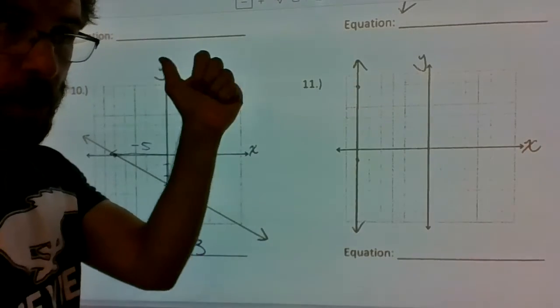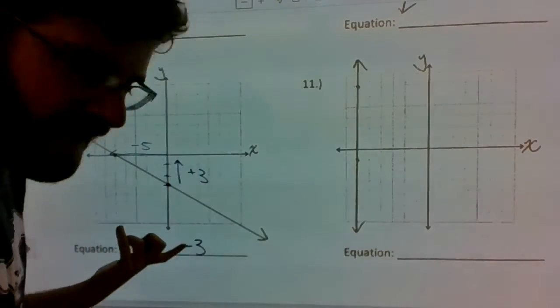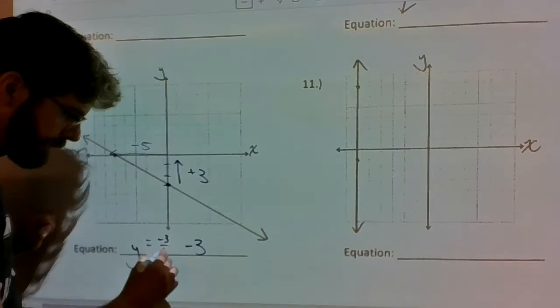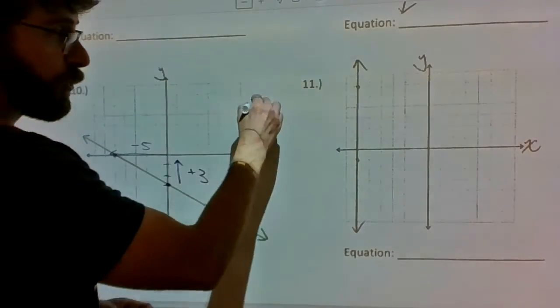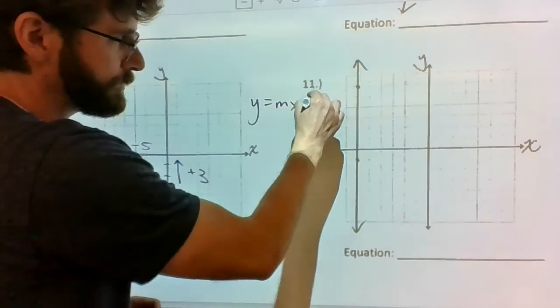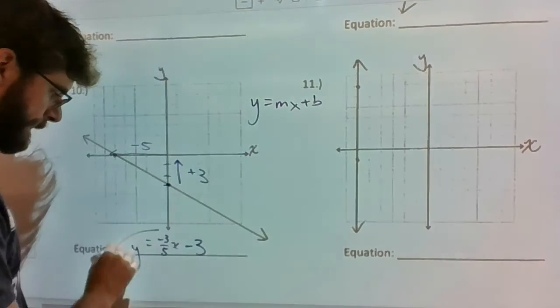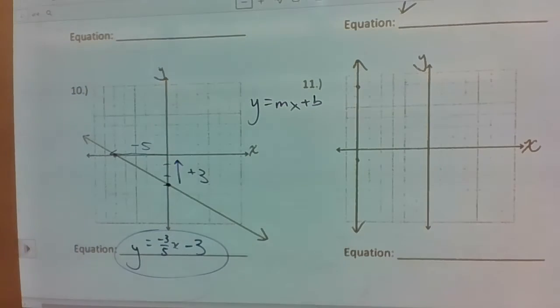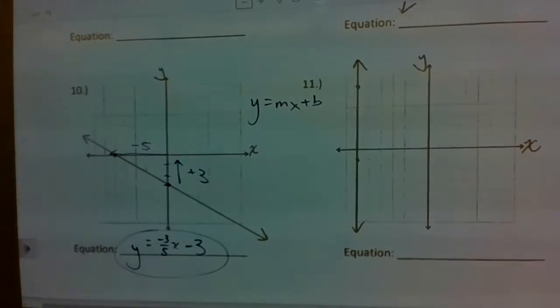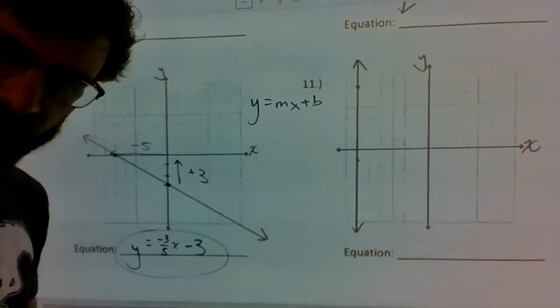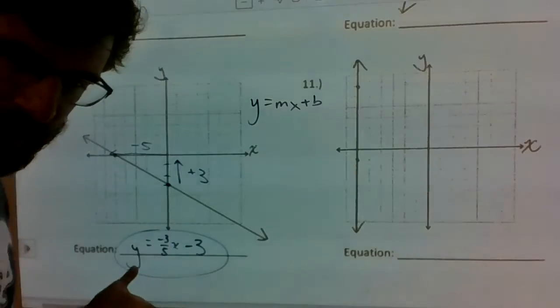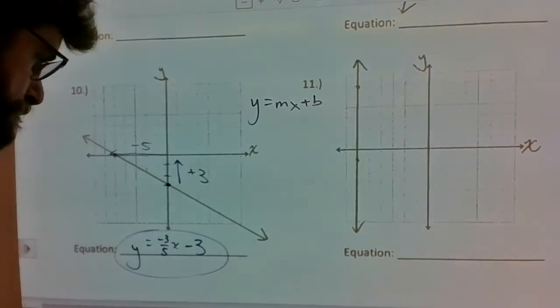Rise 3, run negative 5. I'm just going to call it negative 3/5. And then make sure you put an x because it's y equals mx plus b. There we go. That was kind of tricky. See what you did, see what my final answer is, and just try to adjust.